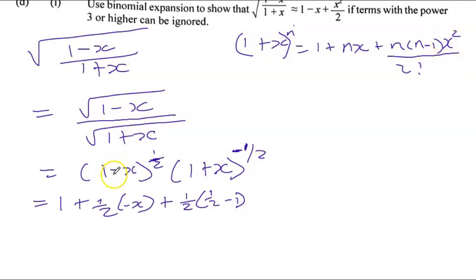Negative x times negative x is positive x squared, over 2 factorial. That's what we have for the first bracket.